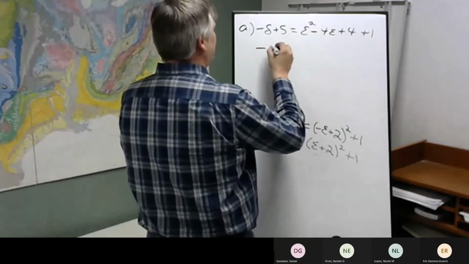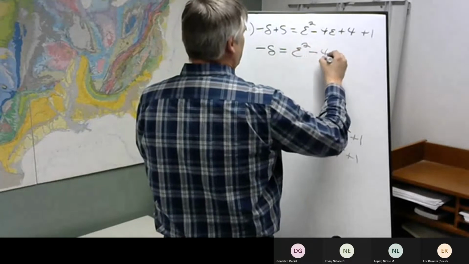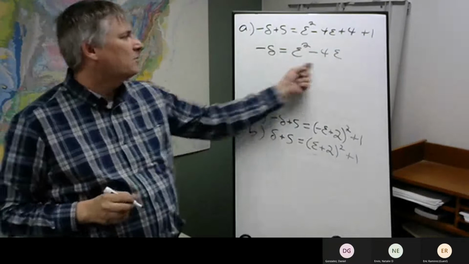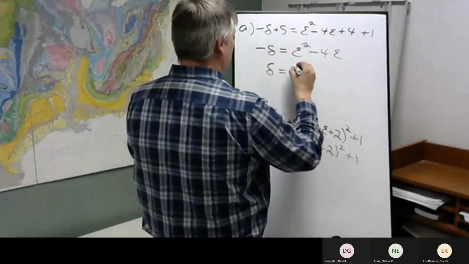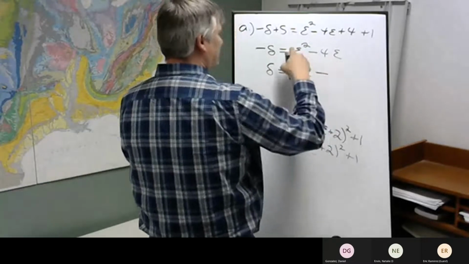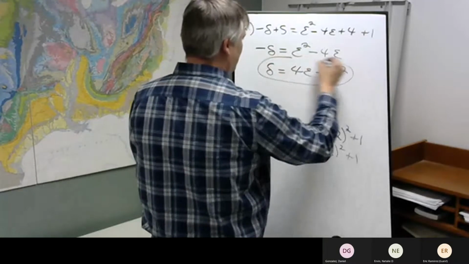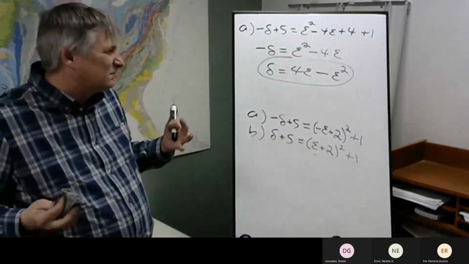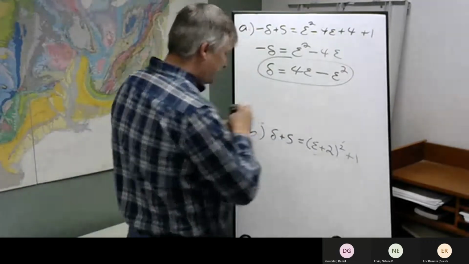We're going to get negative delta is equal to epsilon squared minus 4 epsilon. And then multiply through by negative 1. We get delta will be 4 epsilon, negative times negative is a positive, negative epsilon squared. So that's our first delta. Now, is it D1 or D2? Well, we got to compare it to the other value for delta that we're going to come up with here.